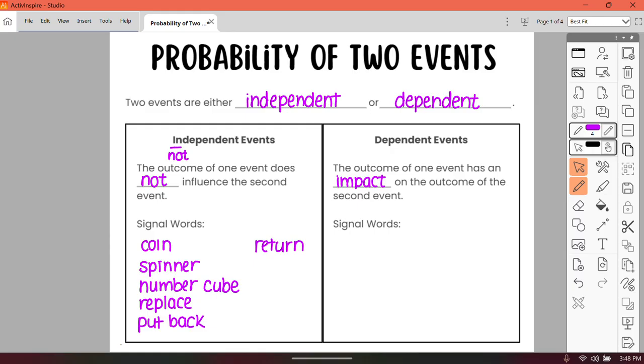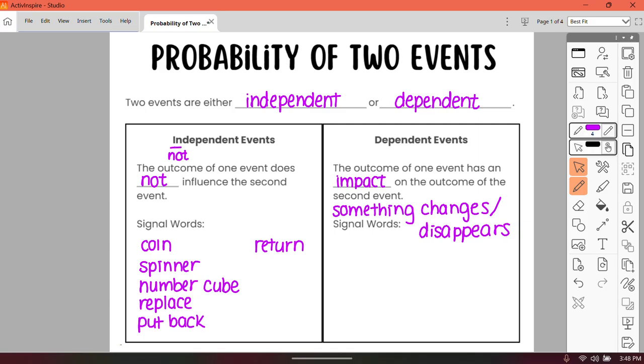However, in dependent events, something changes. In fact, I'm going to add that underneath the definition. I'm going to put something changes or disappears. Does disappears have one or two S's? I'll let y'all tell me that one in the comments too.